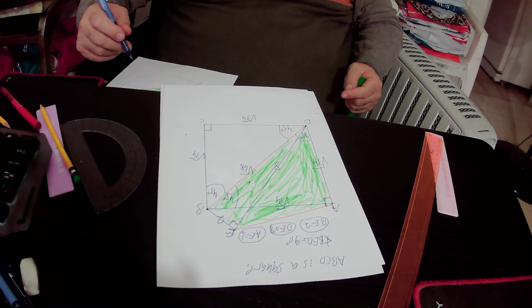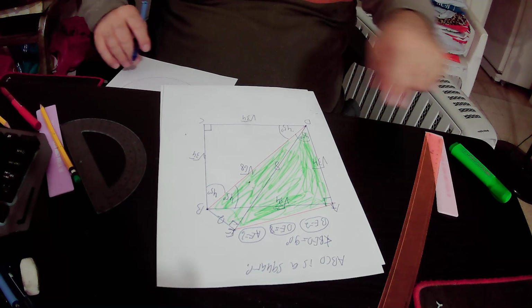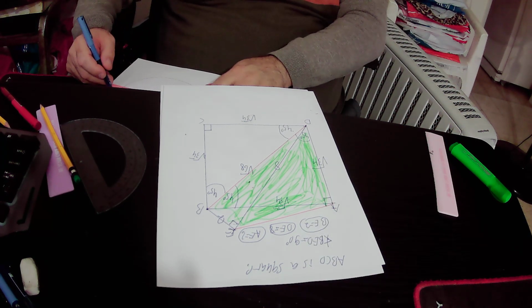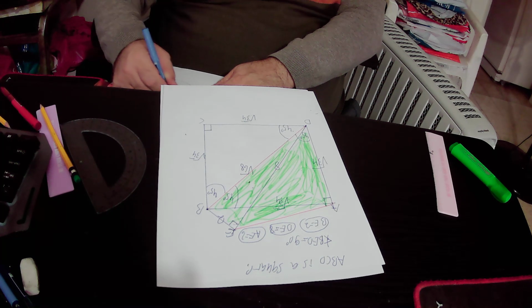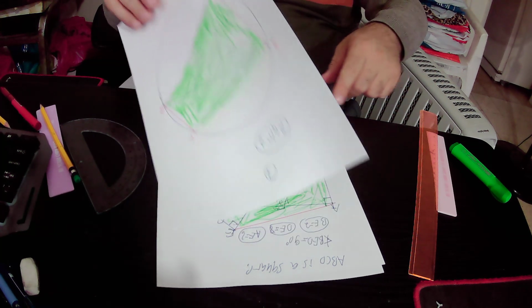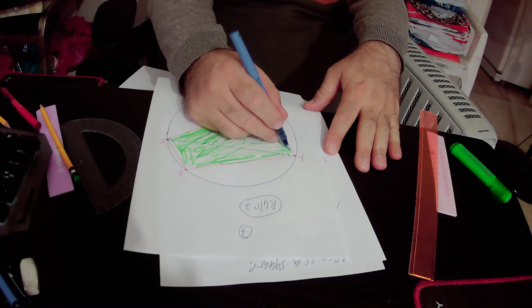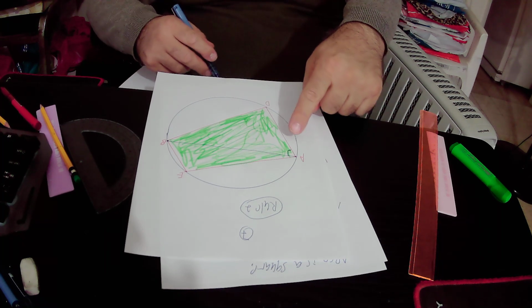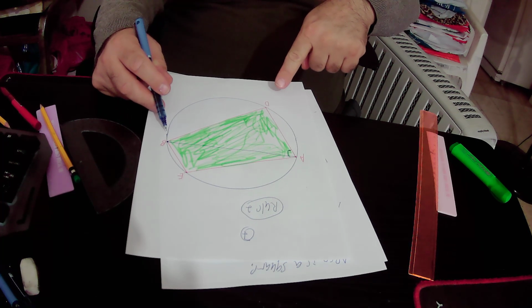We have the first angle, angle BAD. This angle is actually a right angle, and this right angle rests on line segment BD.